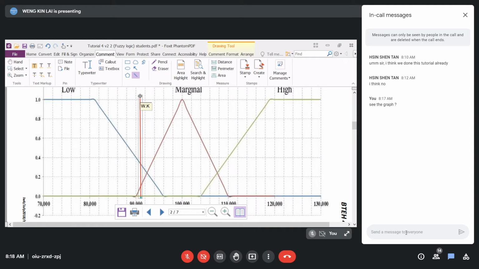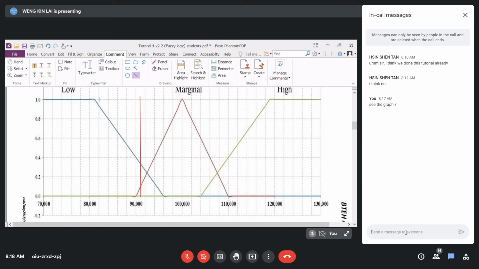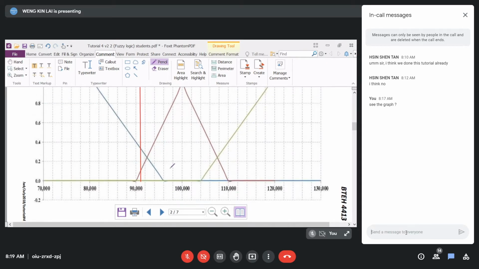Here it is just for this morning's tutorial, and I don't have graph paper to show you, but when you try this out, you should transfer it onto graph paper. So this is my point here, and this is my 91,000.